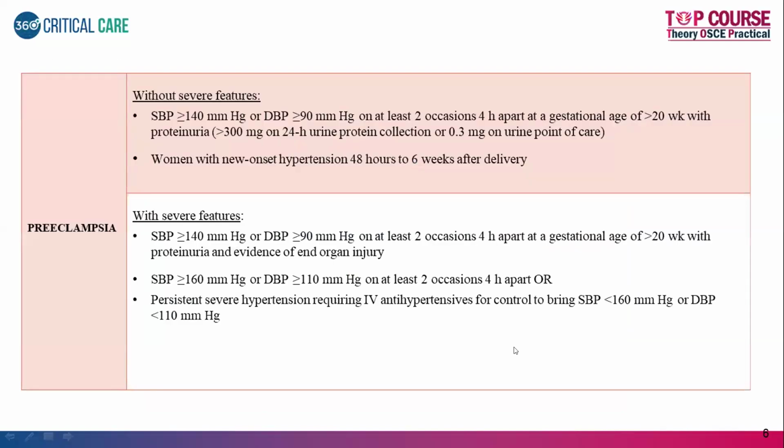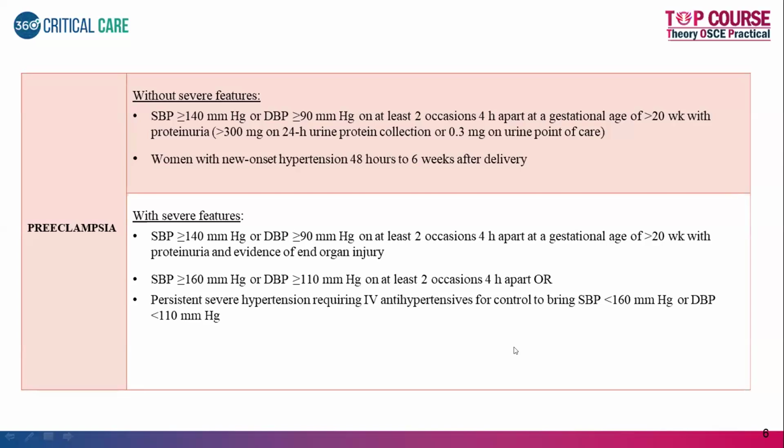So preeclampsia and eclampsia. Preeclampsia can be further divided into without severe symptoms and with severe symptoms. Without severe symptoms: systolic BP and diastolic BP as above, measured on at least 2 occasions, 4 hours apart, gestational age of more than 20 weeks, with proteinuria. So how much should the proteinuria be?